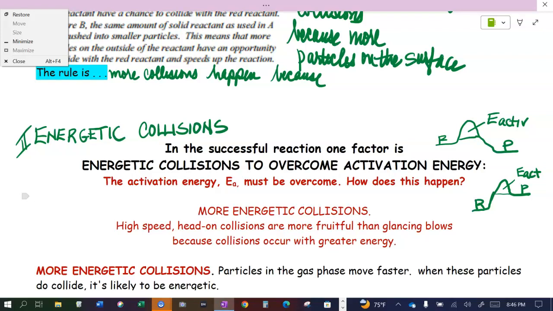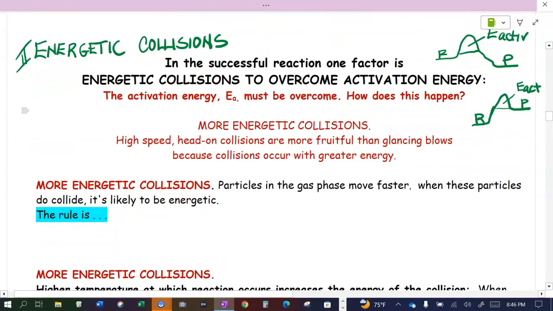So how does this happen? How do you get more energetic? So all of these things are going to be about getting more energetic collisions. High speed, head on, and by head on I mean at the right place, are more fruitful than glancing blows because collisions occur with greater energy.